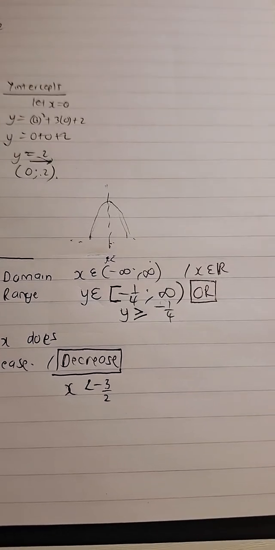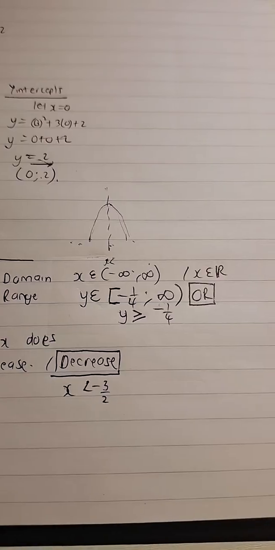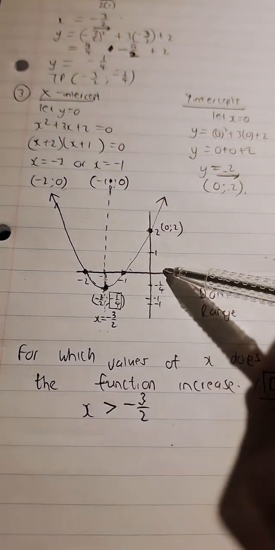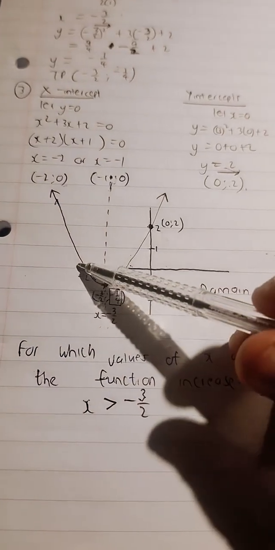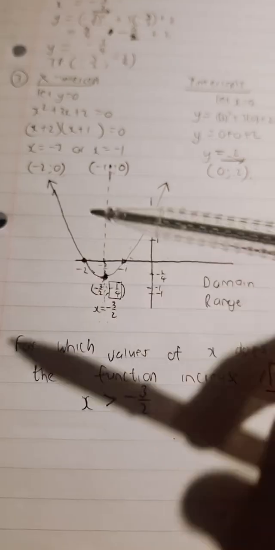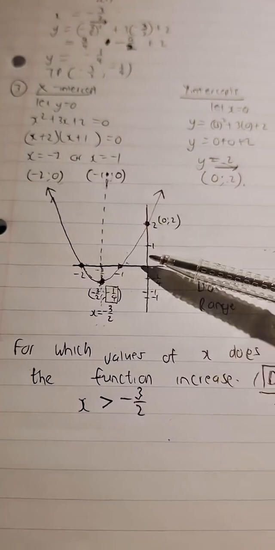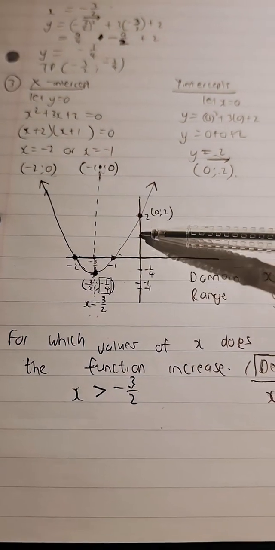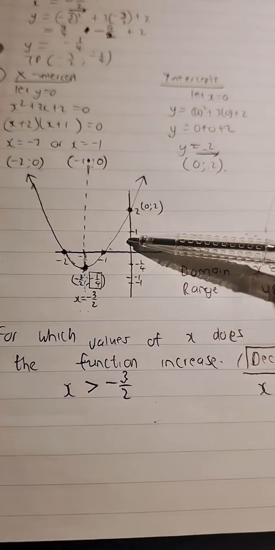Okay, why is it positive infinity? Because above the x-axis, remember here below the x-axis our y values are negative, but above the x-axis our y values are positive.